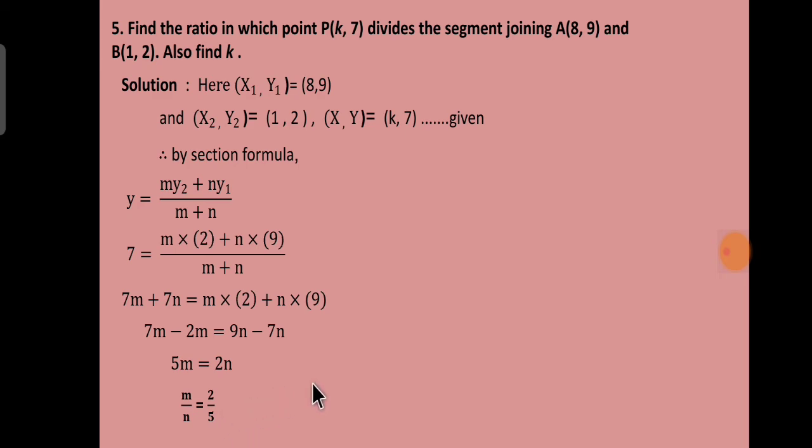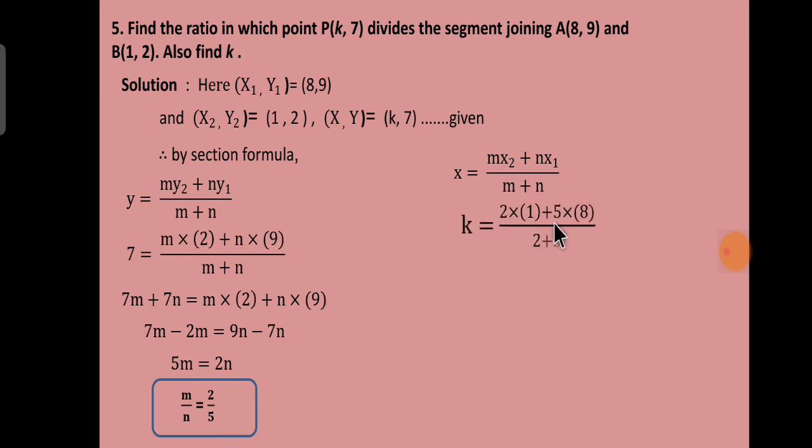2 upon 5. Now we have to find out the value of k. X is equal to mx2 plus nx1 upon m plus n. Here we have found the values of m and n. The value of m is 2 and the value of n is 5, and the value of x is k. So k is equal to 2 into 1 plus 5 into 8 upon 2 plus 5.